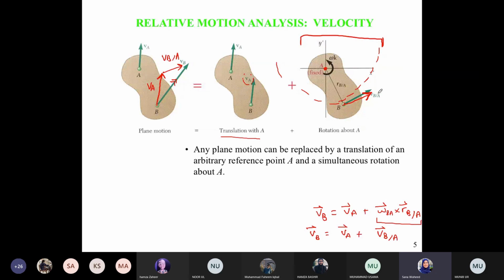उसका tangential to the circular path होने का एक और तरीका है कहने का, that is that it is going to be perpendicular to this line joining B and A together. I'm just trying to point out that this relative velocity is always going to be perpendicular to RBA.